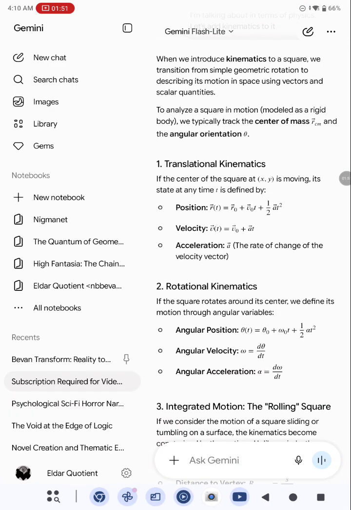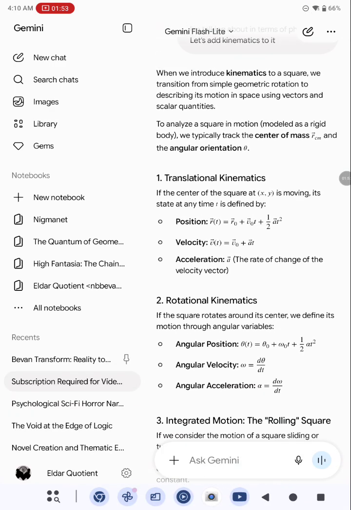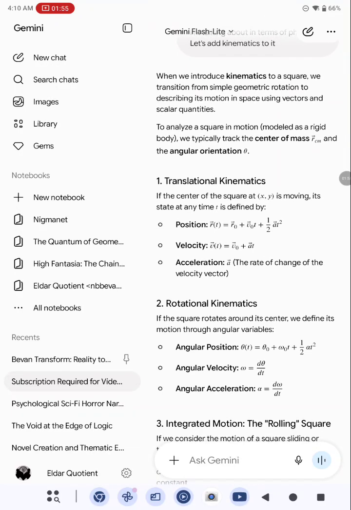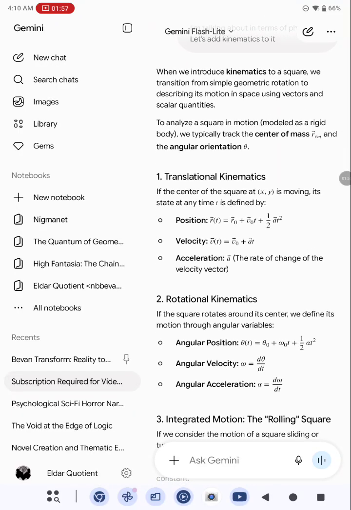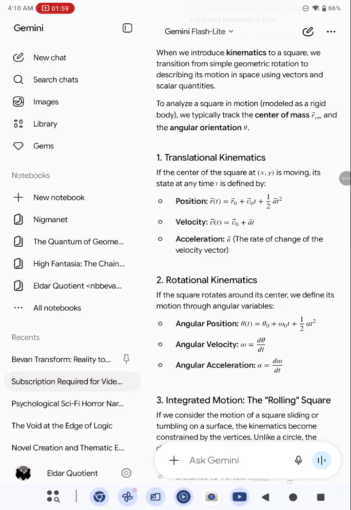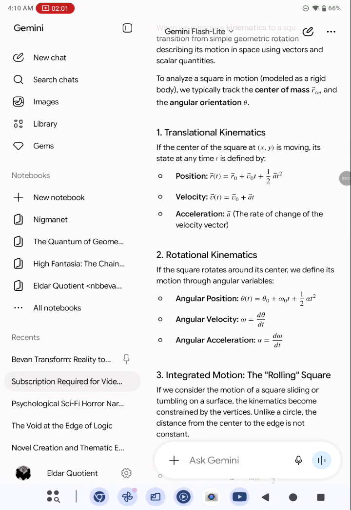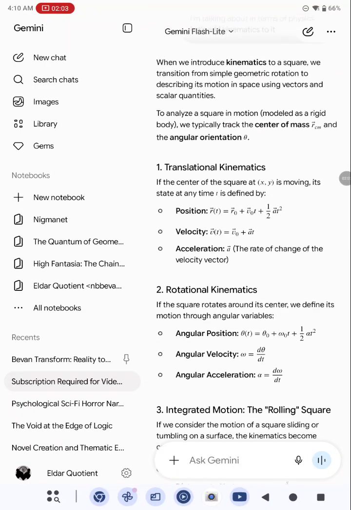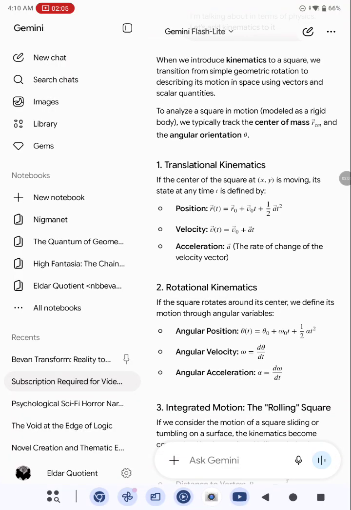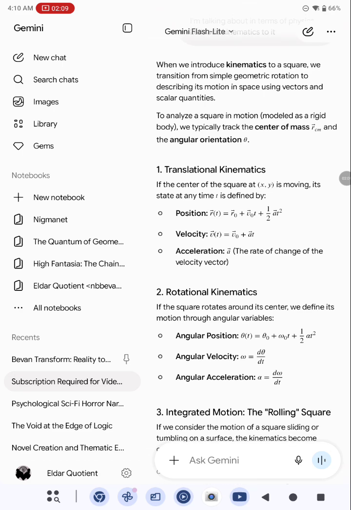When we introduce kinematics to a square, we transition from a simple geometric rotation to describing its motion in space using vectors and scalar quantities. So if you're starting from zero, like me, or starting from scratch, you're going to have to know vectors. You're going to have to know all this kind of stuff.